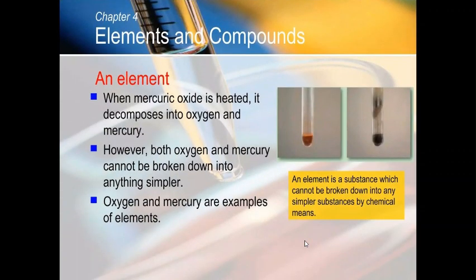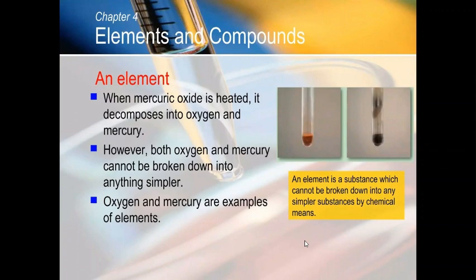So first of all, what is an element exactly? An element is a substance which cannot be broken down into any simpler substances by chemical means. For example, when mercuric oxide is heated, it decomposes into oxygen and mercury. However, both oxygen and mercury cannot be broken down into anything simpler.